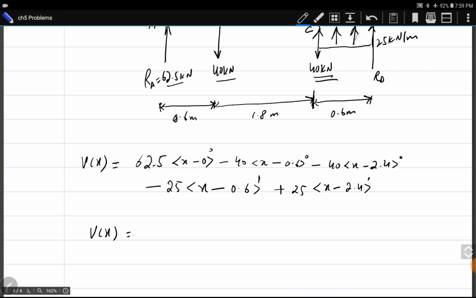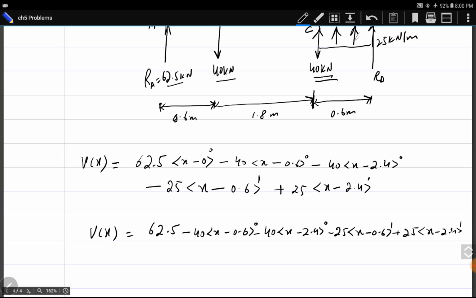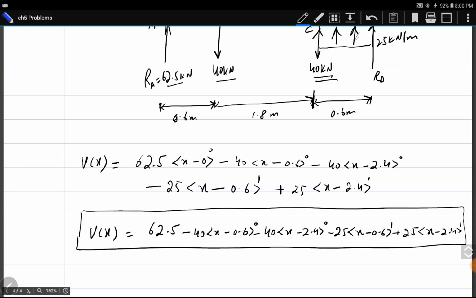So it becomes 62.5, and the rest of the terms will be the same. 40 into x minus 0.6 power 0 minus 40 into x minus 2.4 power 0 minus 25 into x minus 0.6 power 1 plus 25 into x minus 2.4 power 1. This is singularity function for the shear force.